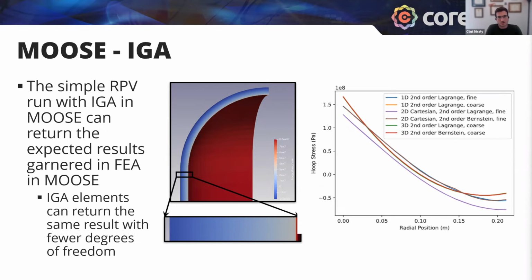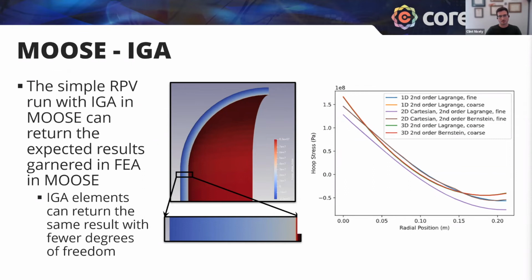These results are showcasing the differences between a Lagrange approach and the Bernstein approach, where Bernstein elements are IGA elements, and Lagrange elements are, of course, the finite element analysis elements. So the plot that we're looking to align to here is the 1D second order Lagrange finite element, which is right here, starts at about 1.5 and goes down in between.